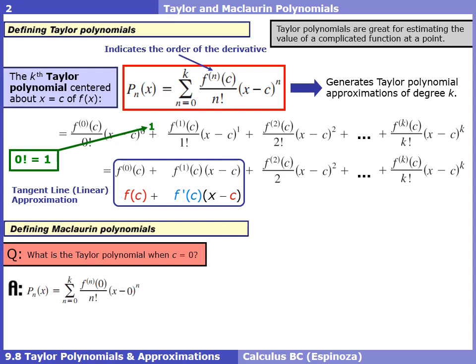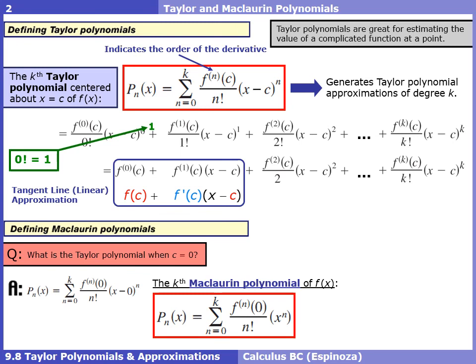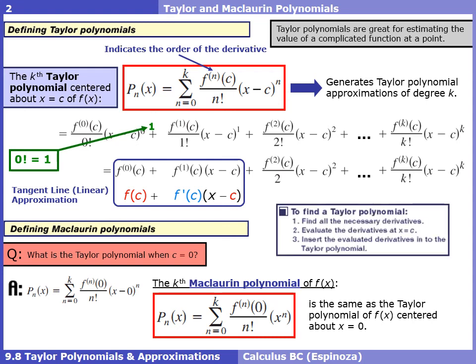And again, that's just the point in question, so to speak. So if we rewrite our Taylor polynomial with a value of 0 for c, then we just end up with what you see right here. It's just the same thing, but using a different value for c. And again, the value of c would just be 0. So it just turns out to be the nth derivative at 0 over n factorial times x to the n power, again because c is equal to 0.